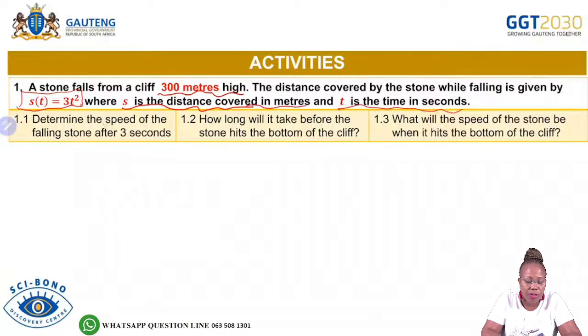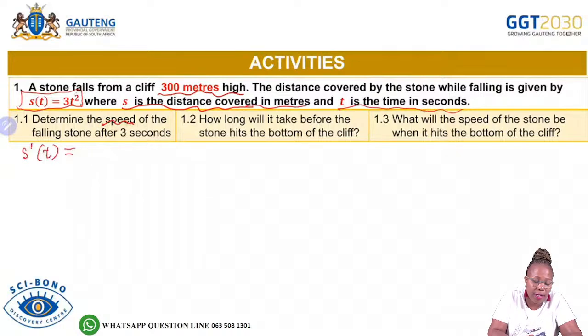The speed, do you still remember? The speed is a derivative of a distance, right? Therefore, we are going to derive first the equation S at t, derivative of t, and then that will be 3 times 2, which is 6t there. And then now we are looking at the speed. This is now a speed because it's a derivative of distance.